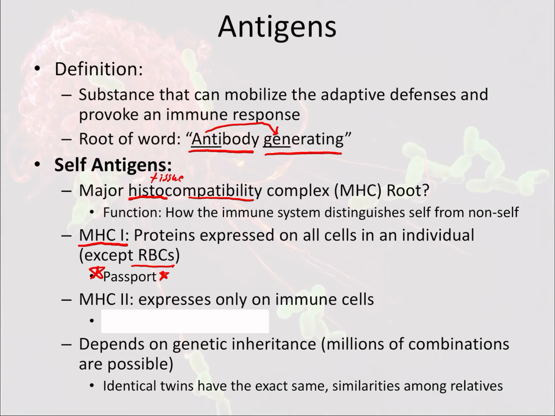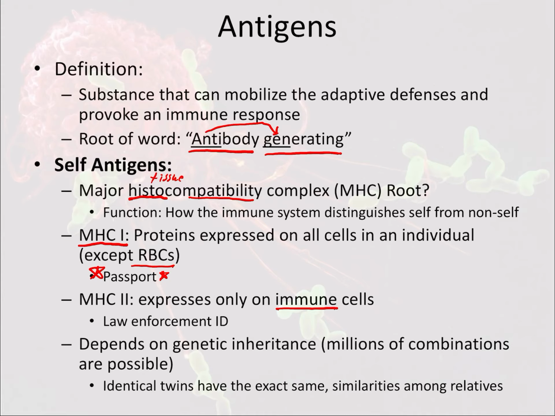So think of this as a way for the body to tell if something is legally supposed to be there or not. MHC2 proteins are expressed only on immune cells, and think of this as a law enforcement ID. These proteins are only on immune cells, like the sheriff's badge.